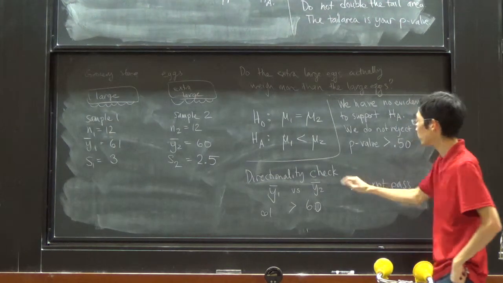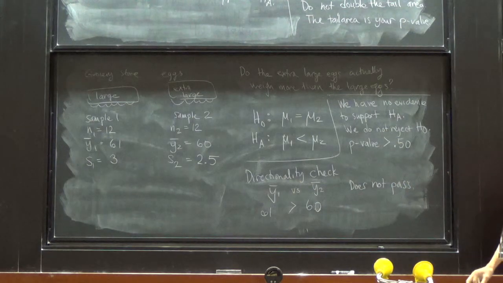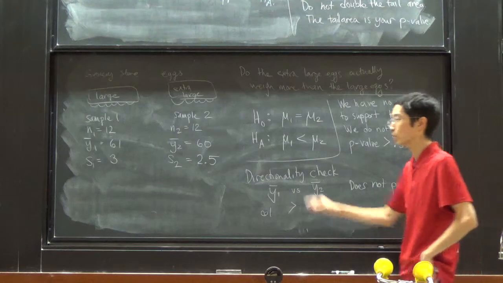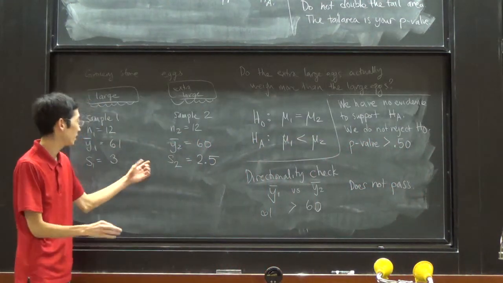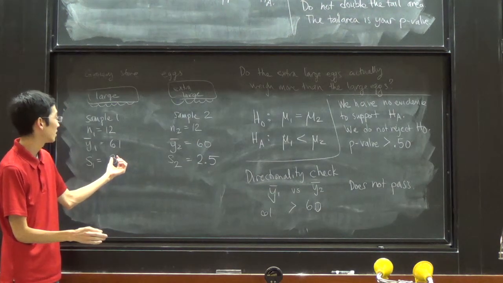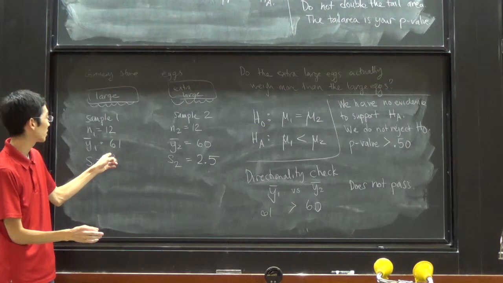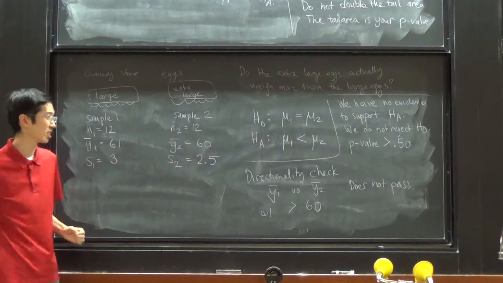So anytime you fail the directionality check, your p-value is over 50%. Because we're asking, what's the probability of observing our data where we're getting basically a difference where sample 1 is 1 gram larger, but we're looking in the opposite direction.